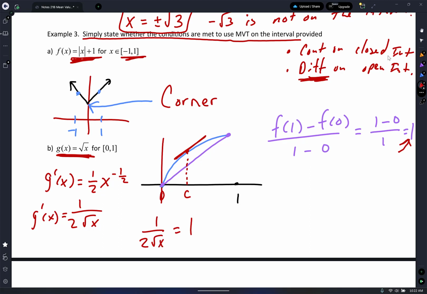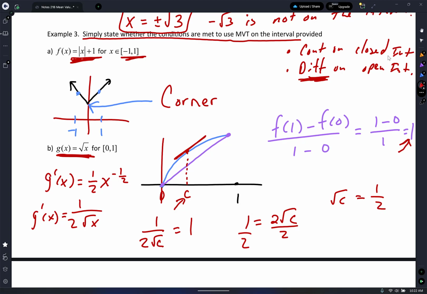You can also put c, and let's put c because we're finding that specific value, right there. So I want to solve for c, guys. We're done with calculus. It's just algebra. So we have 1 equals 2 square root of c. Are we still okay? Divide both sides by 2, so square root of c equals 1/2.